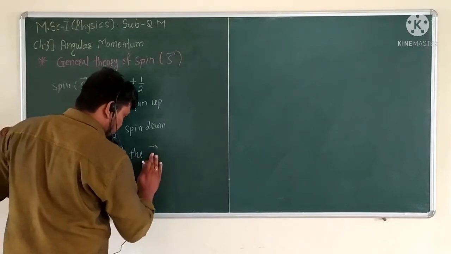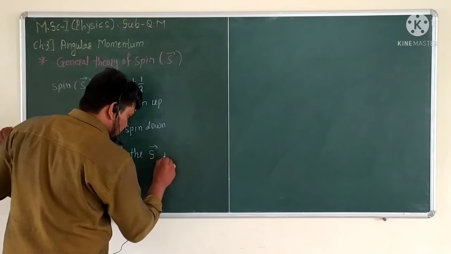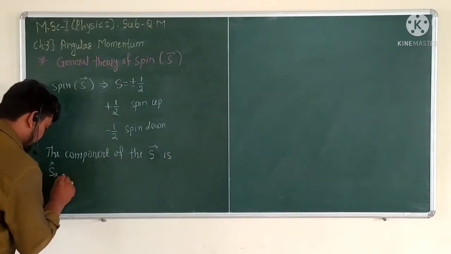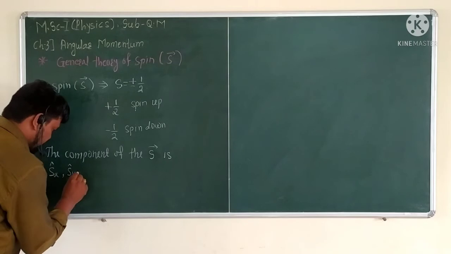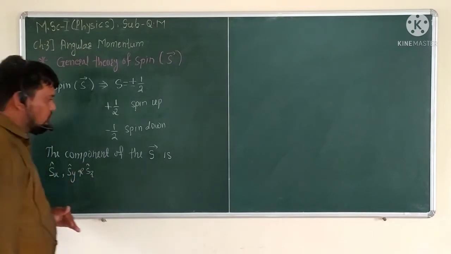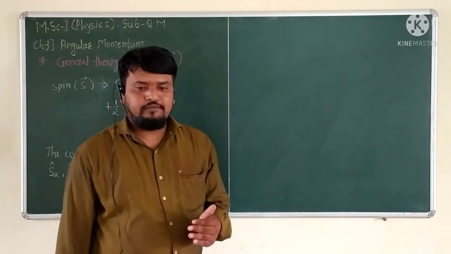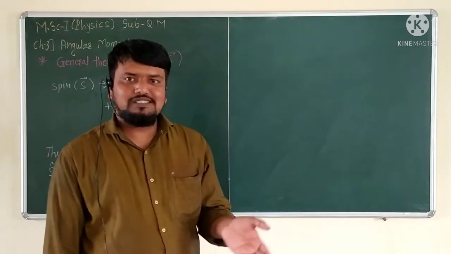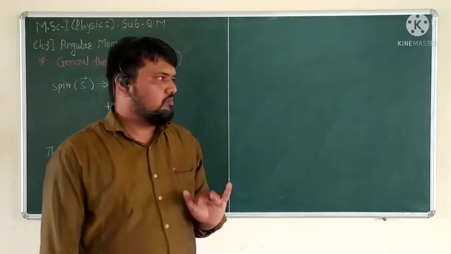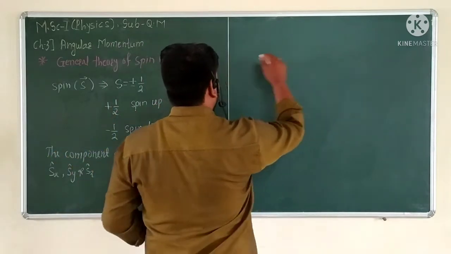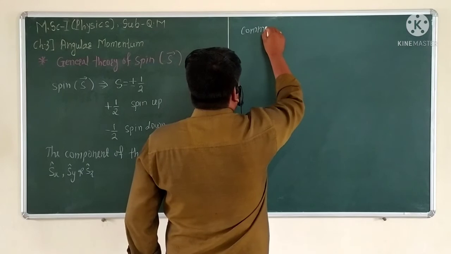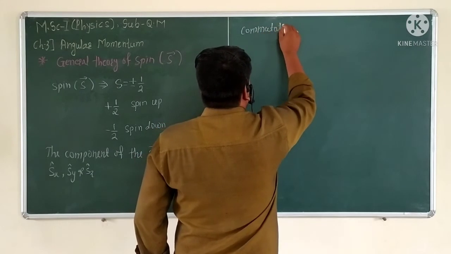The components of the spin S bar are given by Sx cap, Sy cap, and Sz cap, and the commutation relations are similar to those of orbital angular momentum and total angular momentum.